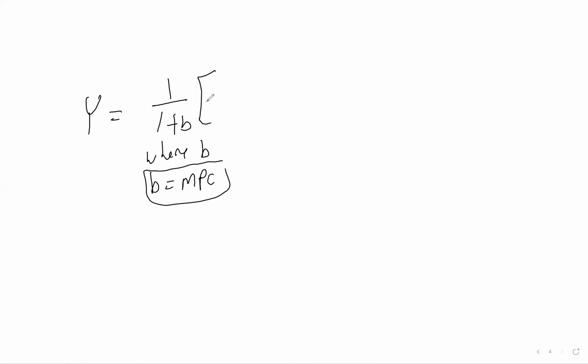Because we are solving for Y, Y is equal to 1 over 1 minus B, where B is the marginal propensity to consume. So don't forget this one. And then that is multiplied by A minus B times T plus some level of investment plus some level of government expenditure.